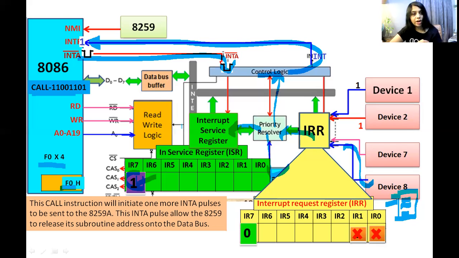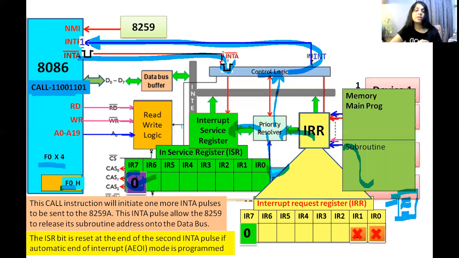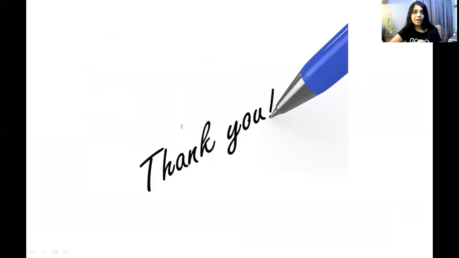So this is how 8086 communicates with the interrupting device by using the 8259 programmable interrupt controller.